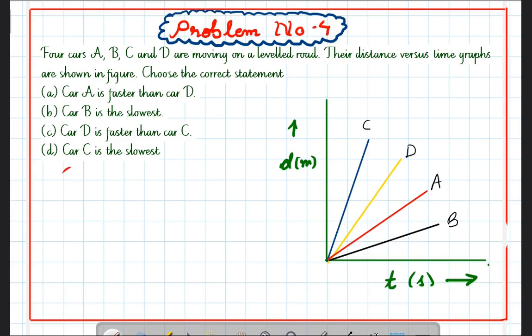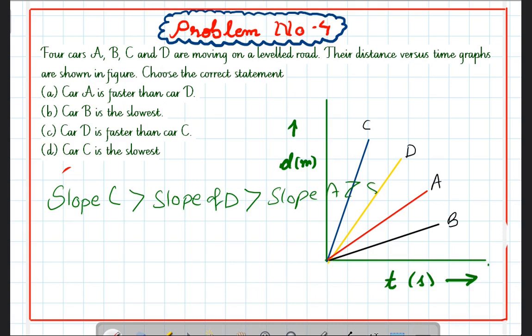If you compare the slope of all the graphs, let me write here, slope of C is greater than slope of D is greater than slope of A is greater than slope of B. So that means we can say car C has a maximum speed.